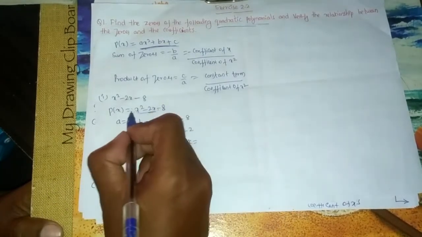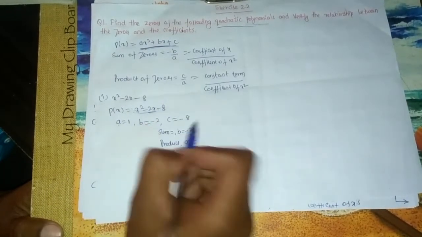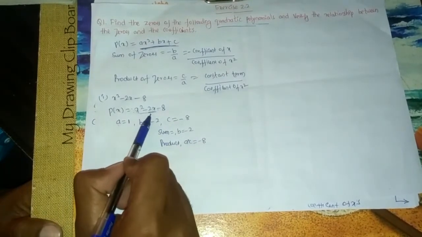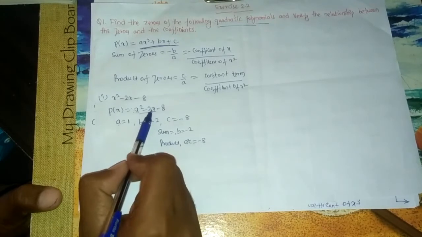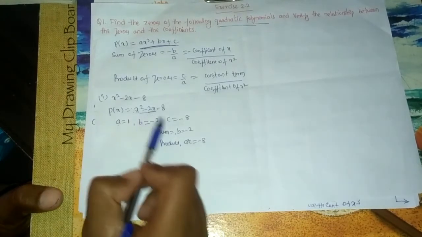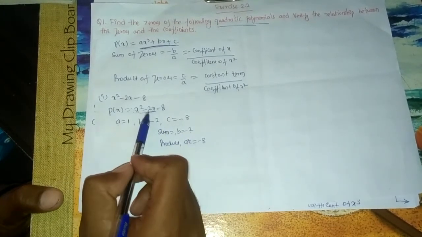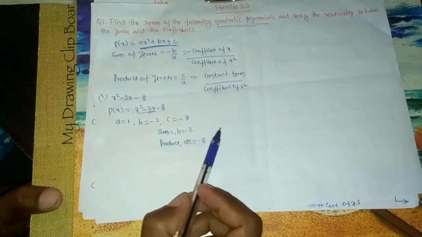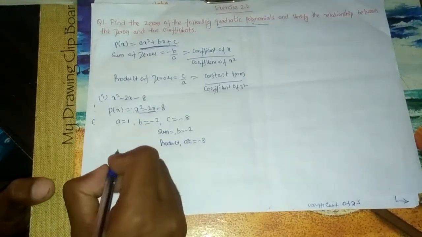So a is 1 and c is minus 8, so it is minus 8. When we are splitting this middle term, when we add we should get minus 2, and when we multiply we should get minus 8.